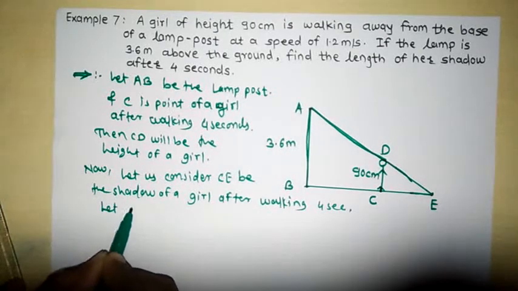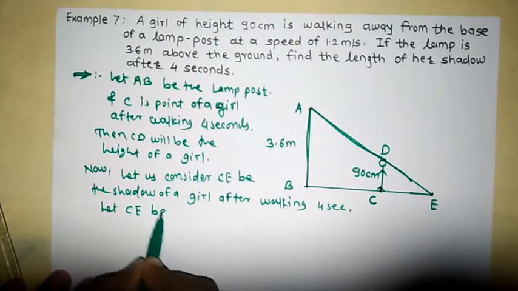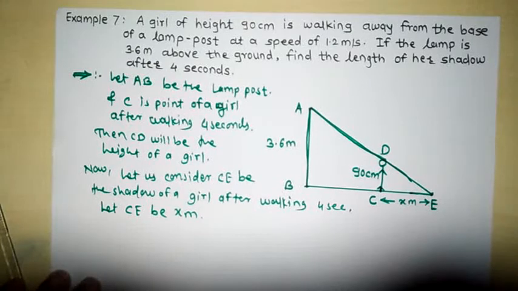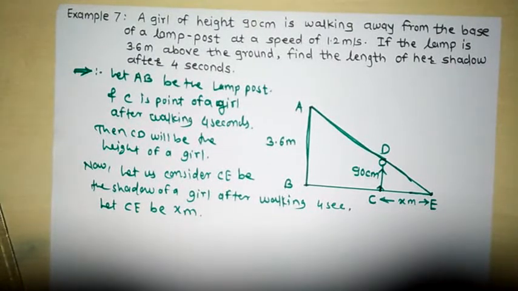Now let CE be x meter. We will consider this CE distance to be x meter, because we don't know how much this distance of CE will be. We will consider this as x meter.